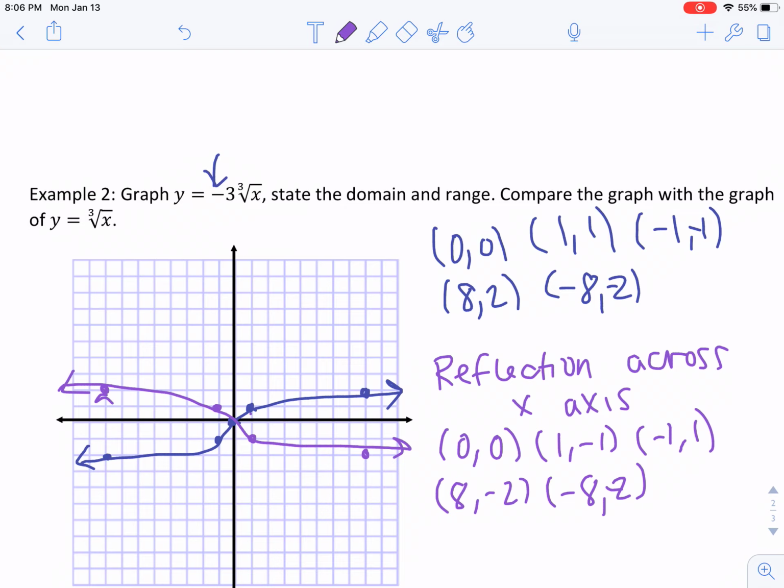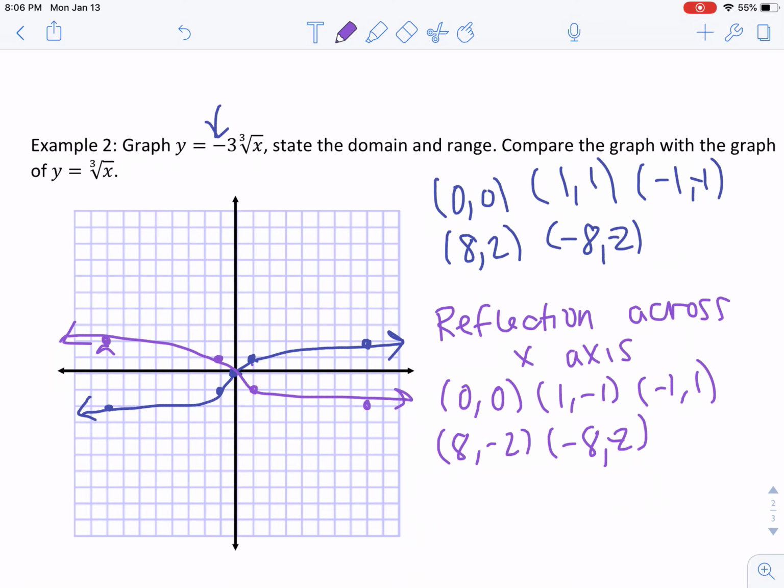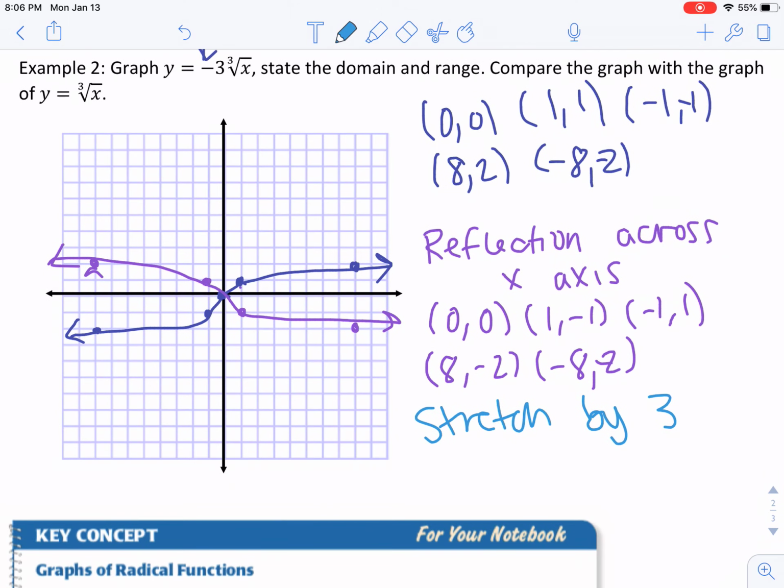Now I'm going to stretch it by 3. To stretch it by 3, we take the y values and multiply them all by 3. So (0, 0) becomes (0, 0). (1, -1): I take this -1 and multiply it by 3 to get -3. (-1, 1): I multiply this y value by 3, so now I'm at +3. (8, -2): I multiply this -2 by 3 to get -6.